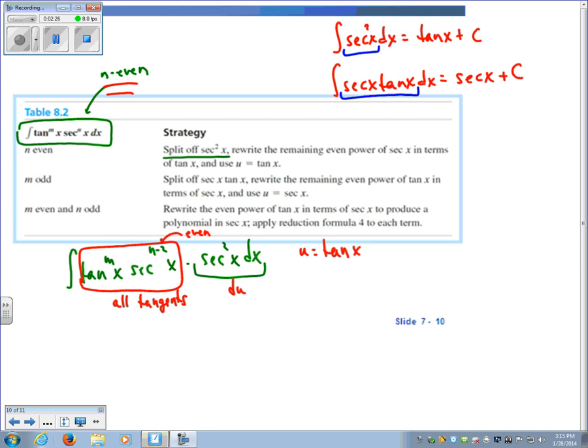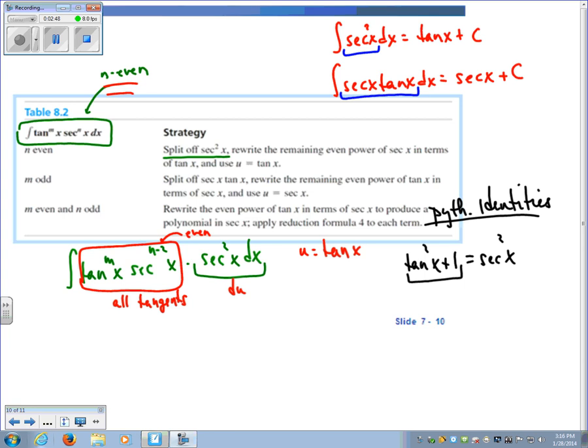I know that tangent squared of x plus 1 is secant squared of x. So these are your Pythagorean identities. I'm going to use this, and I'm going to change those secants over to tangents.